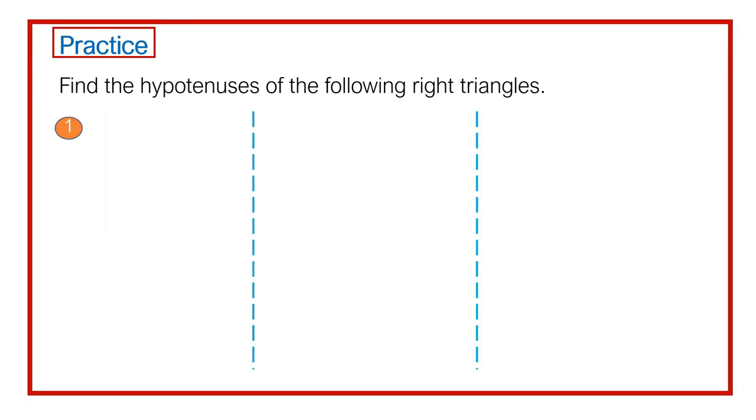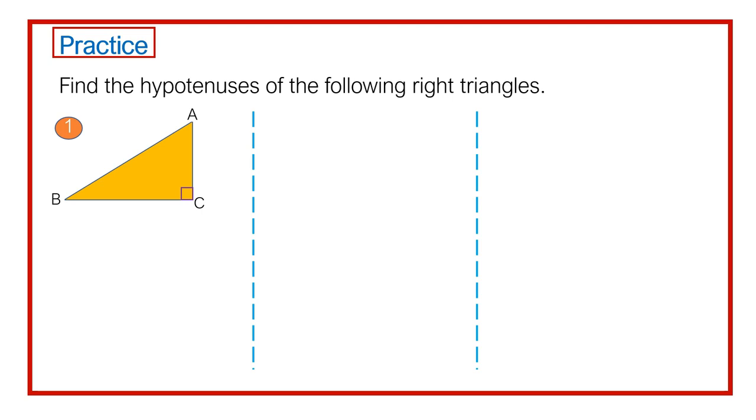Now, let us do some practice. Find the hypotenuses of the following right triangles. Look at number 1. We have got triangle ABC, and we need to know which side is the hypotenuse. Remember, hypotenuse is the longest side. So, in order to know the longest side, you need to know the largest angle.